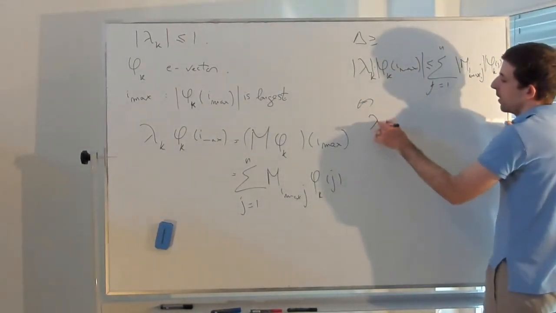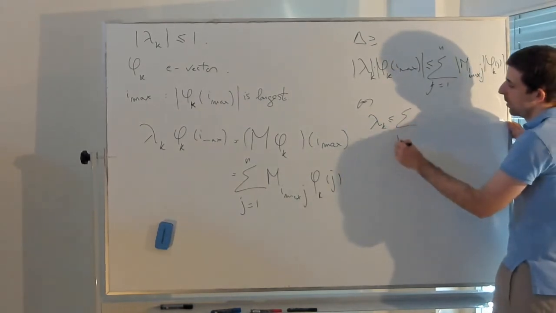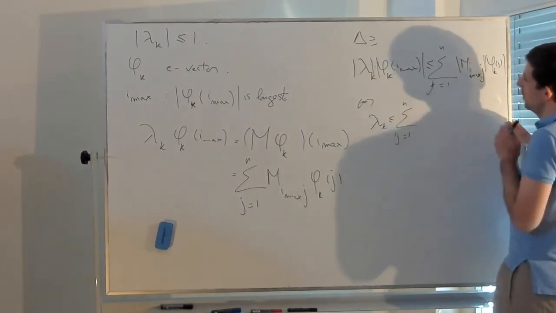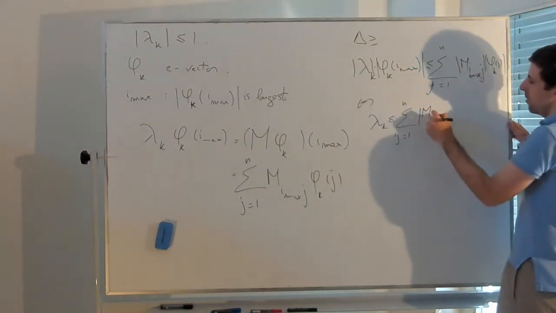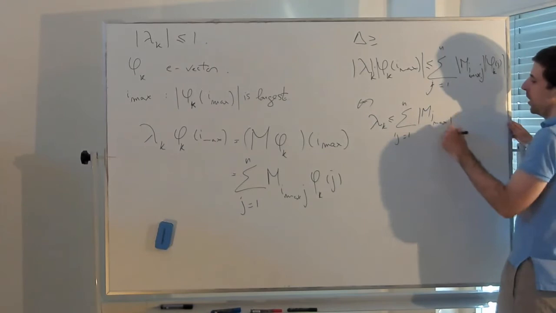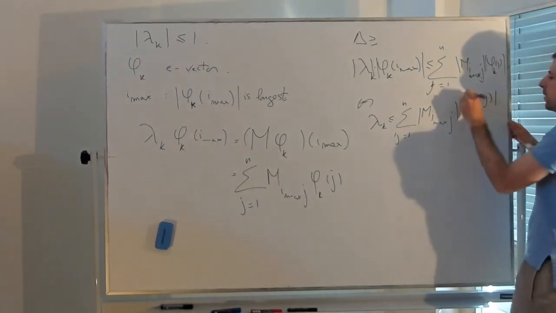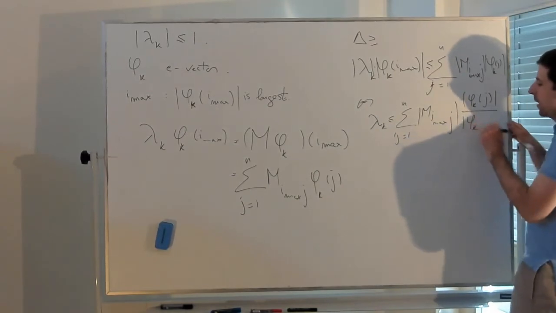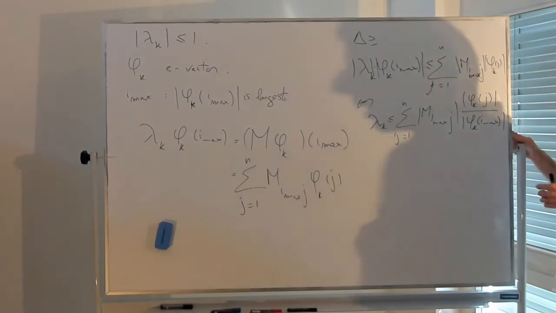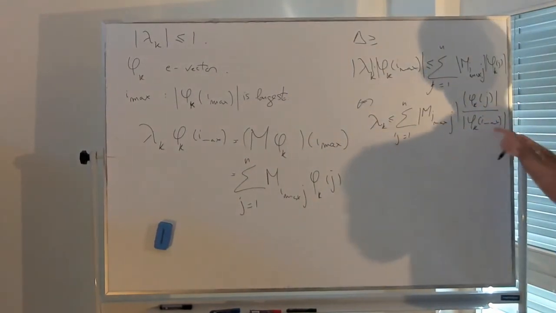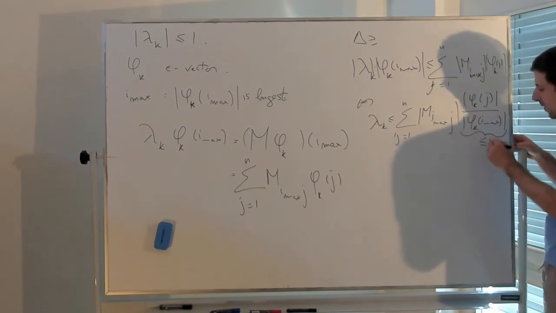So we have that lambda k is for sure smaller or equal than the sum from j from 1 to n of M I max j times phi k j over phi k I max. Now, by definition of phi k I max, this ratio is smaller or equal than 1.